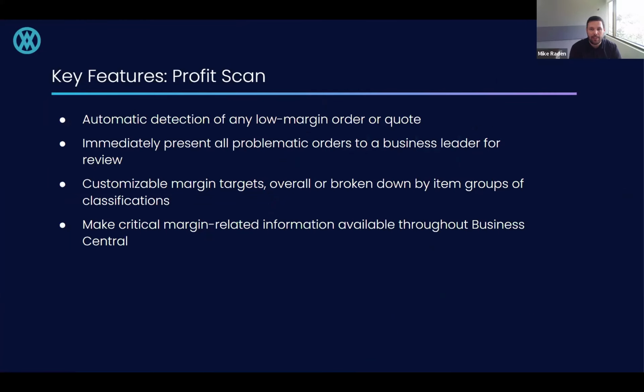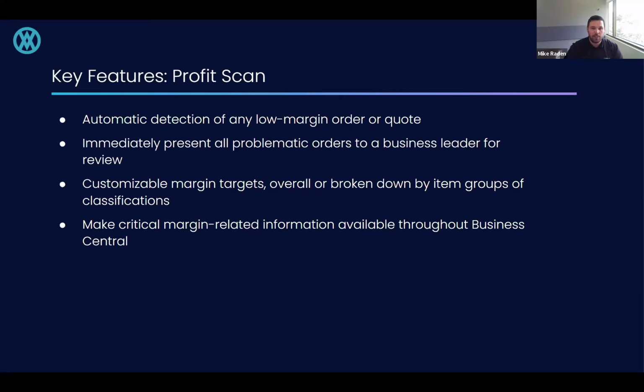Let's talk a little bit more about some of the key features of Profit Scan. Profit Scan gives customers the ability to automatically detect low margin orders or quotes to prevent profit leakage due to over discounting, vendor changes, and many other problems. Presenting those problematic orders and quotes to business leaders helps them gain full visibility in how those sales documents stack up against your target margins.